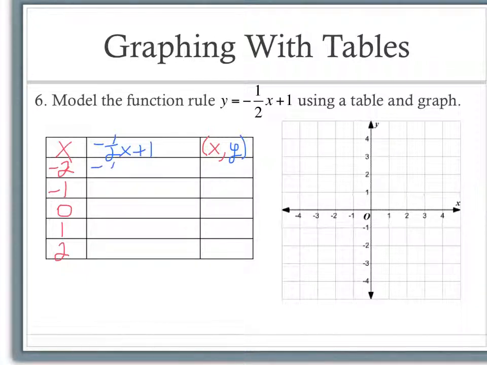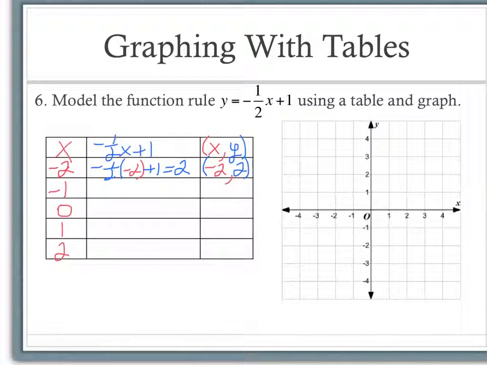So we'll have -1/2 times -2 and then plus 1. And when we multiply that out, we get a +2. So that means my ordered pair is -2, 2.